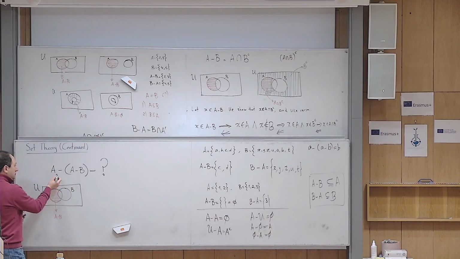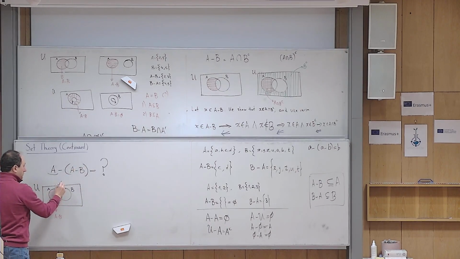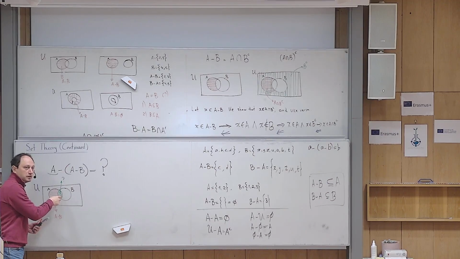I am interested in those elements within A which are not in the red region. So do you agree with what is left for me is this one? So this one is my question mark. Yes, but coincidentally this has a name in set theory. What is that? A intersection B.